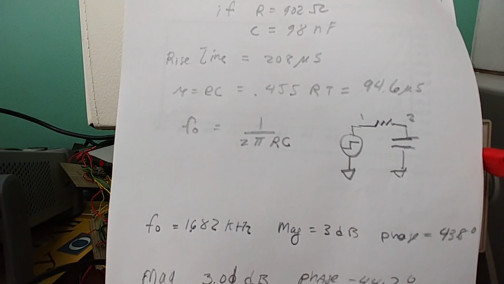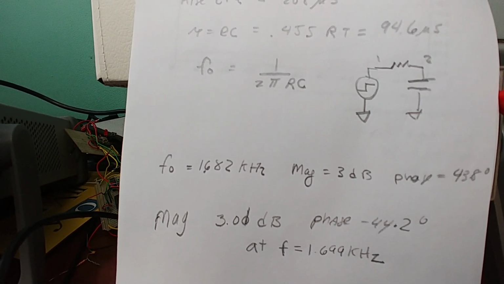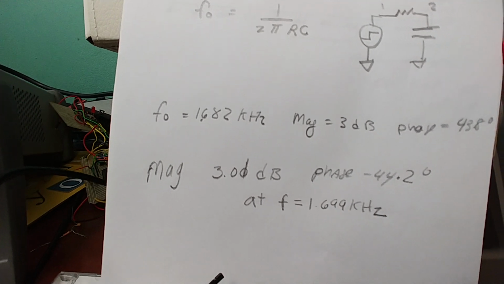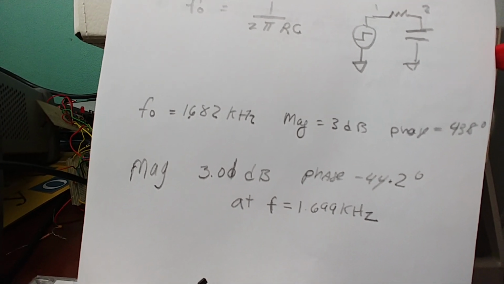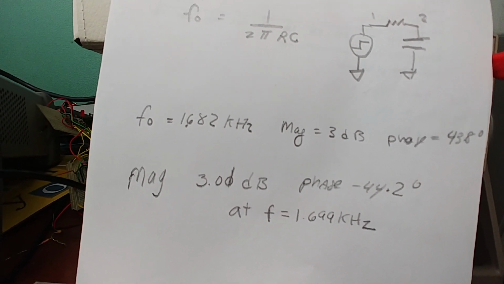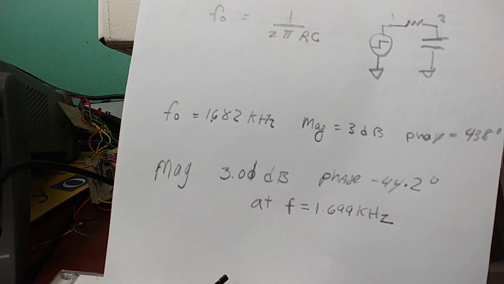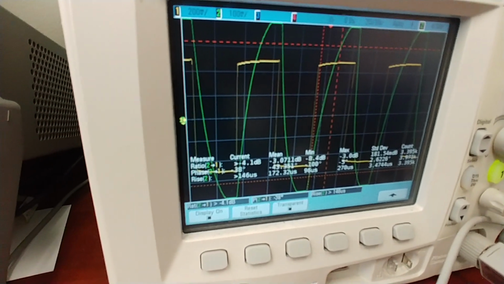We predicted that we should have a cutoff frequency of 1.682, but when we measured it, it was 1.699, and that is pretty much the measurement technique. And I'm just going to go back to show some things.